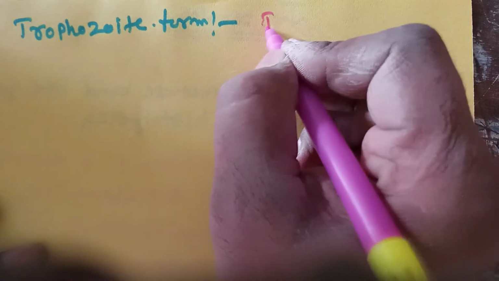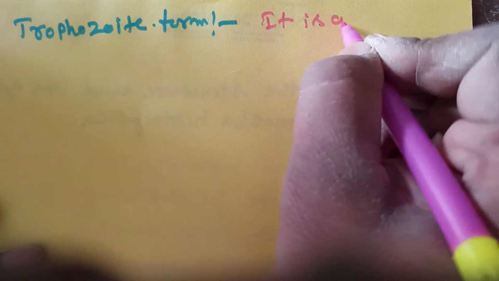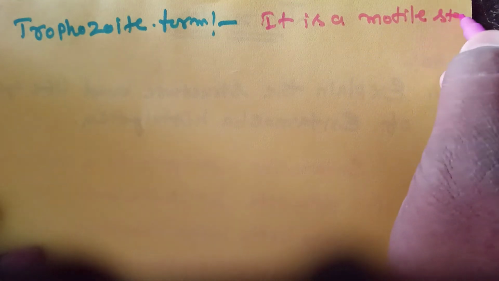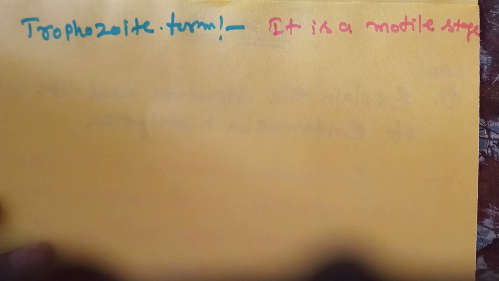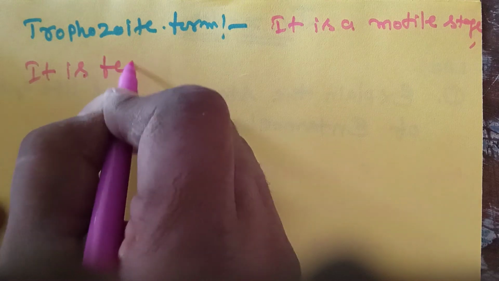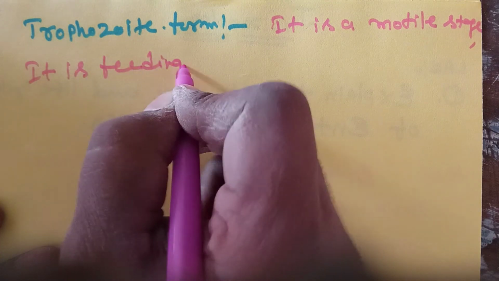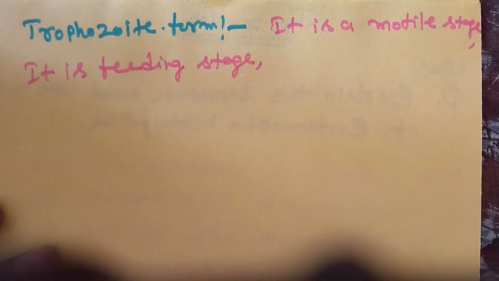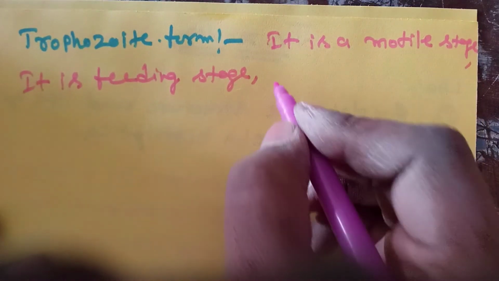It is a motile stage, a feeding stage, and a pathogenic stage. Motile means it can move from one place to another. Feeding means it feeds on our cellular material.